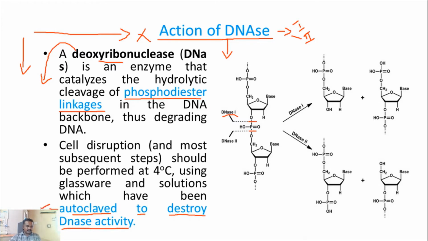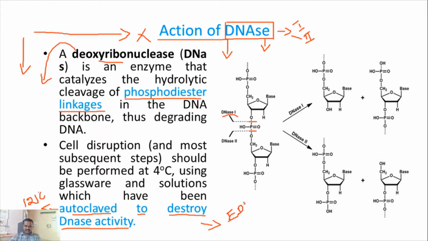In the autoclave condition, at 121 degrees centigrade, the deoxyribonuclease gets denatured or inactive, so at that time the DNase never acts. The second way, you can add the corresponding concentration of EDTA.